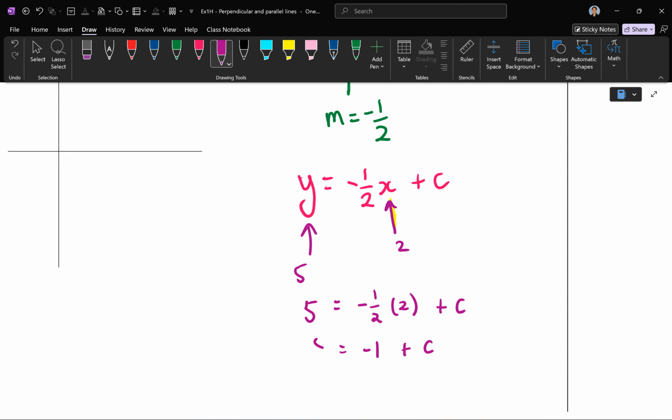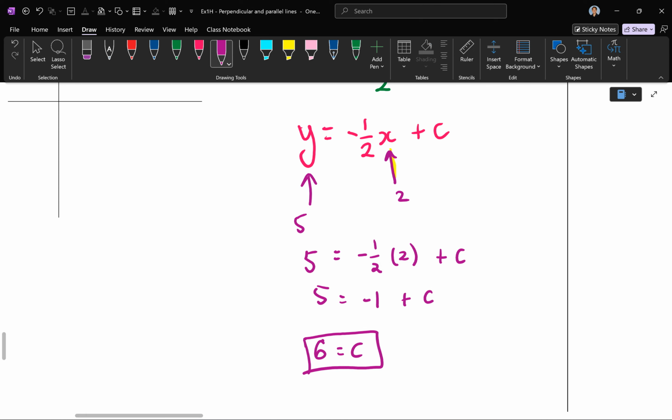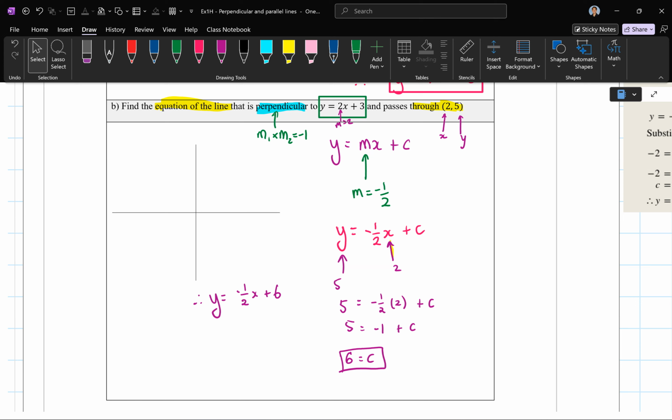So -1 + c is meant to equal 5. Then to find c, do the opposite of -1: add 1 on both sides. c = 6. So what does that mean? You figured out that the equation needs to be y = -half x + 6 to guarantee that this is going to be perpendicular to 2x + 3, but also pass through (2, 5).